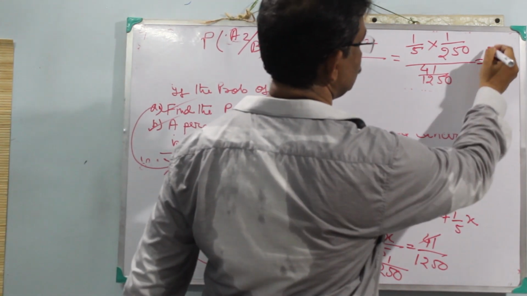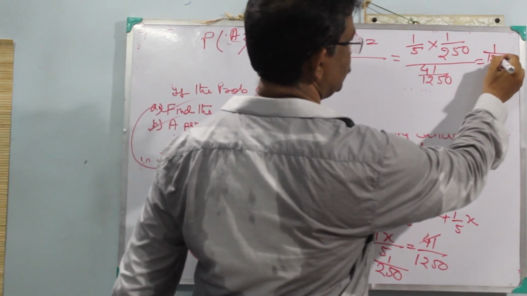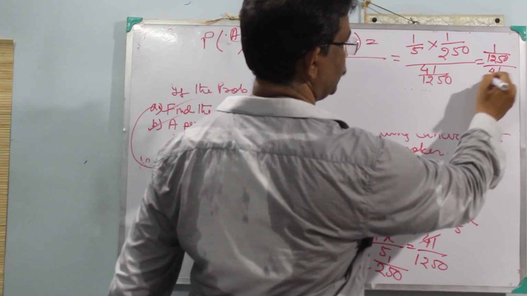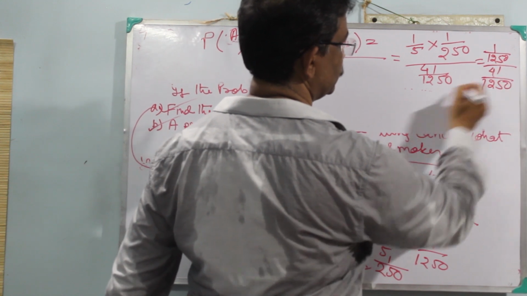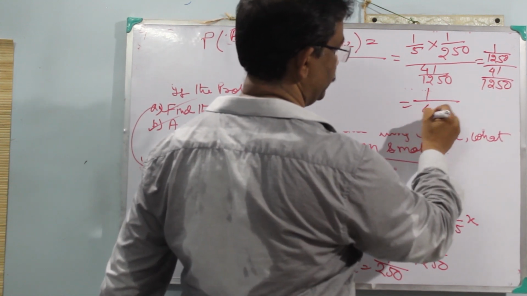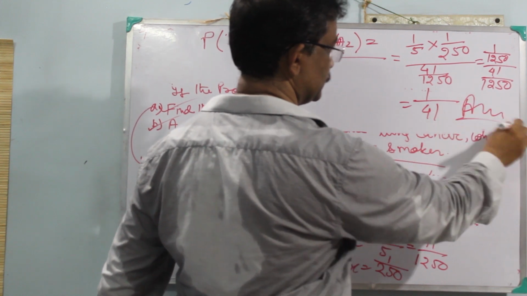It is equal to 1 by 1250 divided by 41 by 1250. That means 1 by 41 is the answer.